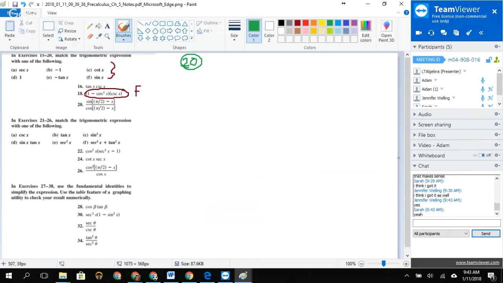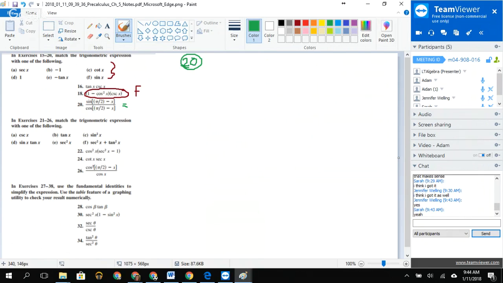We have number 20, which I'm not even going to write out. We have the sine of pi divided by 2 minus x over the cosine of pi divided by 2 minus x. Okay, so this obviously is setting off alarm bells, and it's making me think of the cofunction identities.